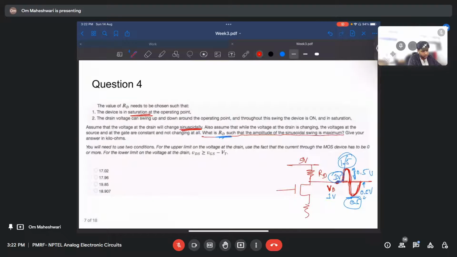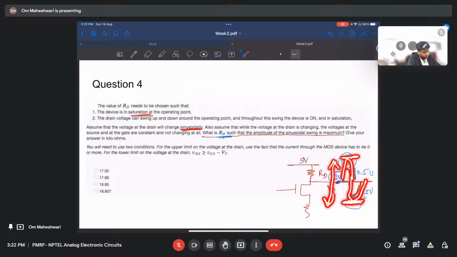So what we will do first is find these top and bottom values, and within this we have to swing VD, right? So we need to find these edge cases where it will be in saturation. Then we can place VD somewhere in between to maximize this, right?